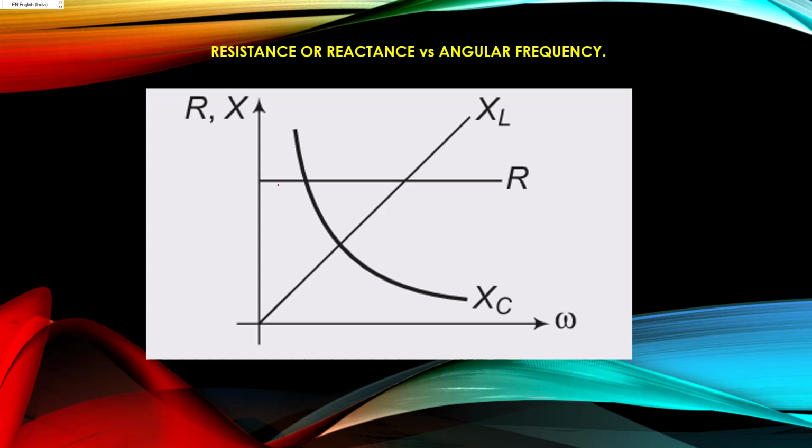But for a capacitive circuit, the capacitive reactance gradually decreases with increasing frequency. Very difficult to write with a mouse. And for inductive reactance XL, it increases with frequency. So this is all about circuit analysis.